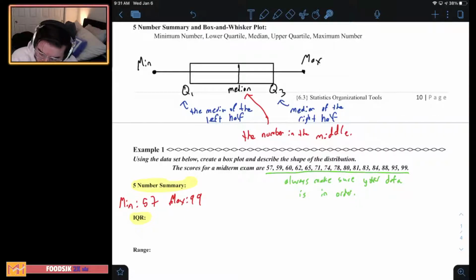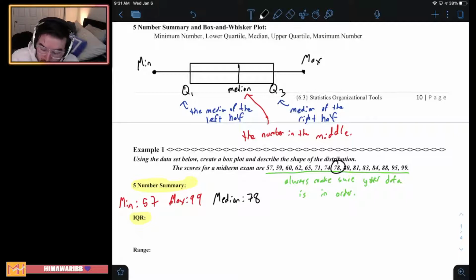But basically, there are 7 numbers on the left, 7 numbers on the right, and then the 15th one right there in the middle. Do you see what I just did there? 78 is smack dab in the middle. Why? Because there are 7 numbers to the left and 7 numbers to the right, making 78 the middle number. So our median is 78.